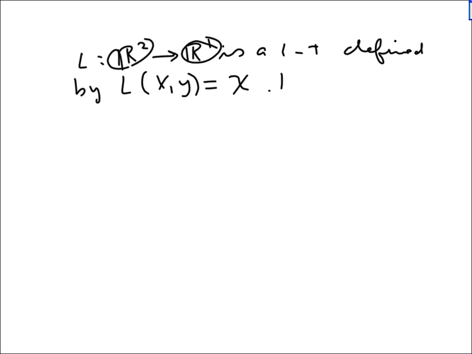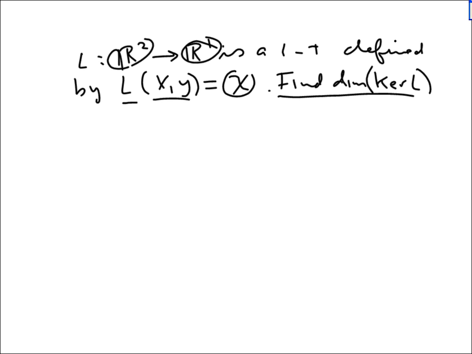What I want to do is find not the kernel of L, but the dimension of the kernel of L. That is the question. But first you find the kernel of L. You take L of something and you get back something else. What can you take L of?